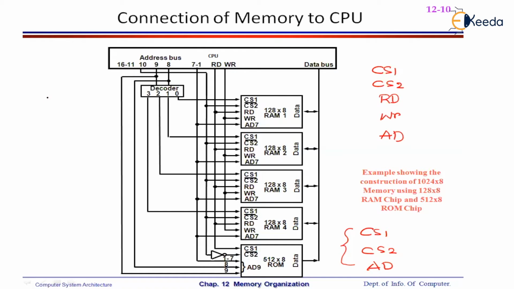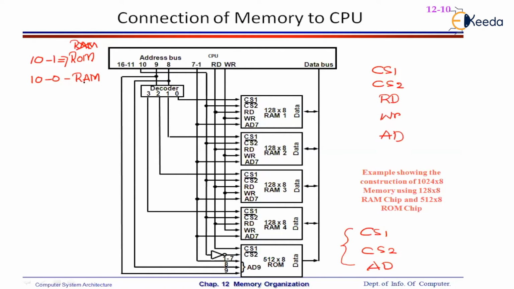So what is the logic? The logic, again, let me remind you: whenever the 10th digit of the address bus is equal to 1, ROM should get selected. Whenever the 10th digit of the address bus is equal to 0, RAM should get selected. If ROM gets selected, all the RAMs must be disabled.